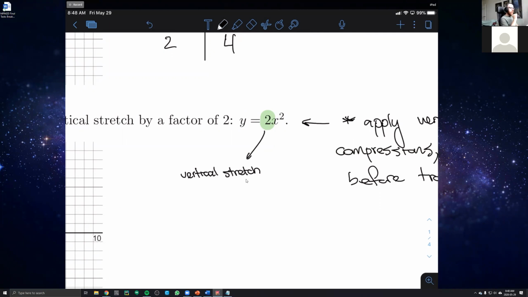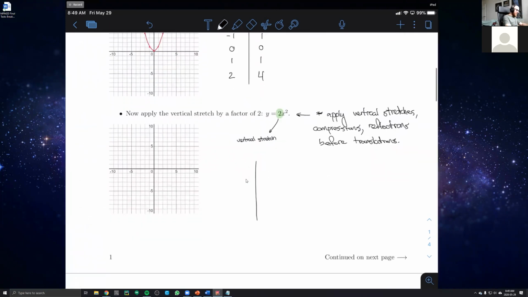Does anyone remember what happens to the y values when I do something like this? They change. They definitely do change, yep. Do you remember how they change? Well, I think this one will be by 2. Yeah, and in this case, because it's a vertical stretch, we're actually going to multiply by 2, right?